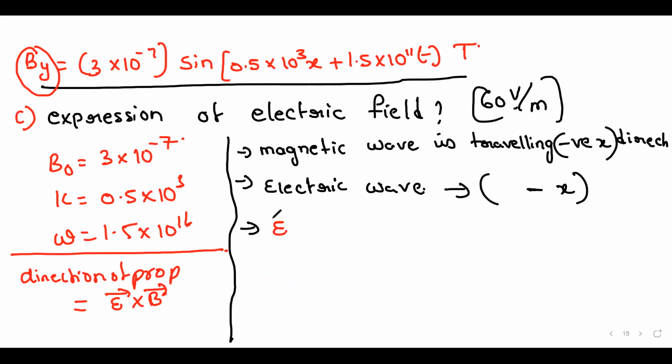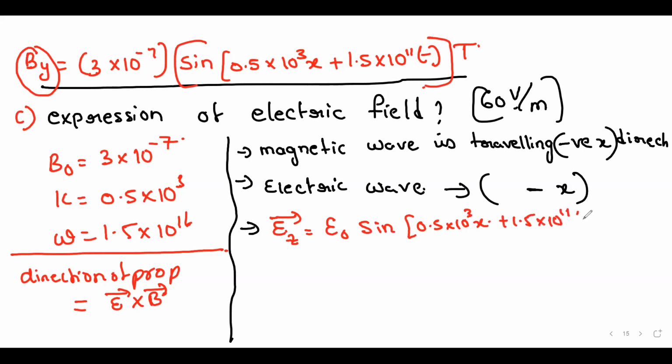So we have to write it as Ez is equal to E naught into sine, the same term comes here, (0.5 into 10 power 3 x plus 1.5 into 10 power 11 t). Okay. So how to find this E naught? We have B naught.